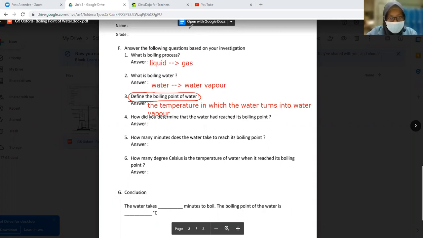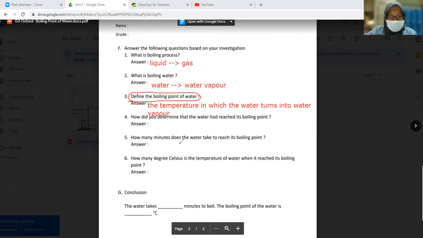When the temperature stays the same for some minutes and stays stable at that temperature, it means it has reached its boiling point, because the heat energy is used to turn the water into water vapor instead of raising the temperature.